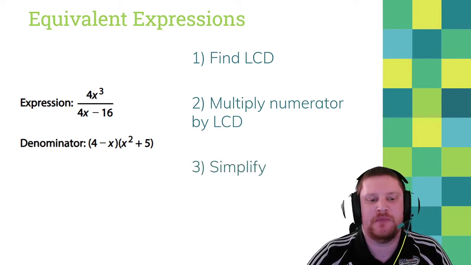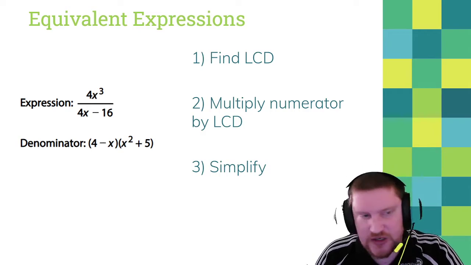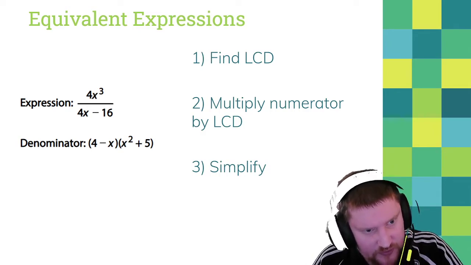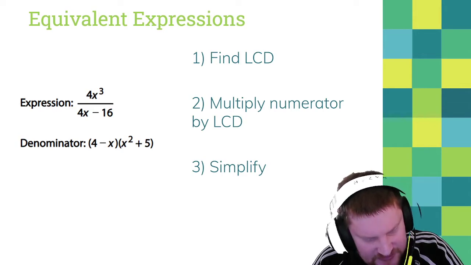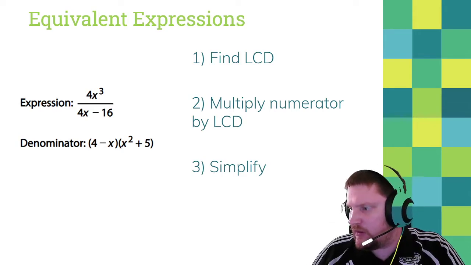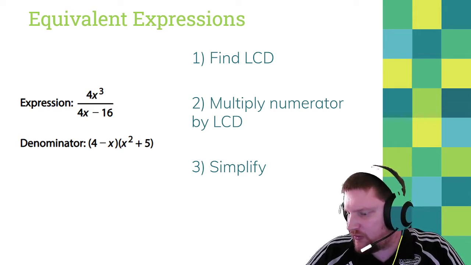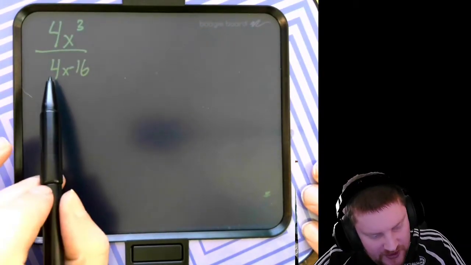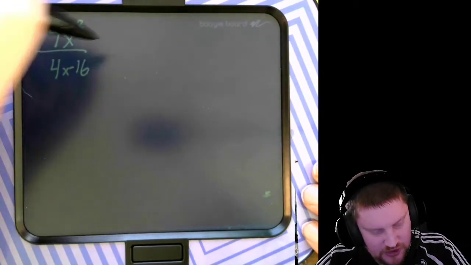So here's what we're going to do. I'm going to move over to the document camera. We've got 4x cubed over 4x minus 16. Well, 4x and 16 both share a 4, so I can factor a 4 out.